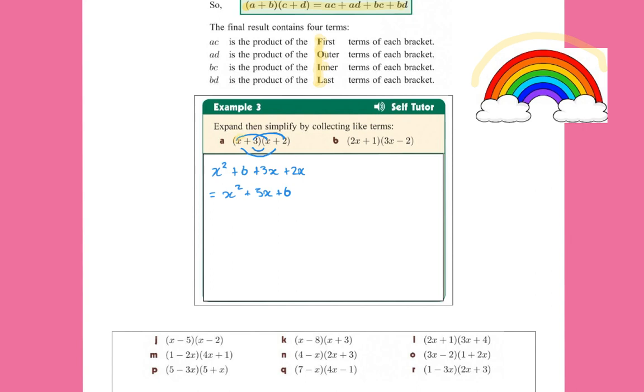Okay, let's do the next one. So I'm going to do rainbows again.